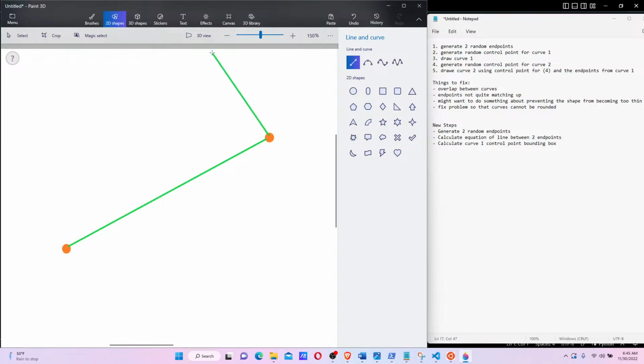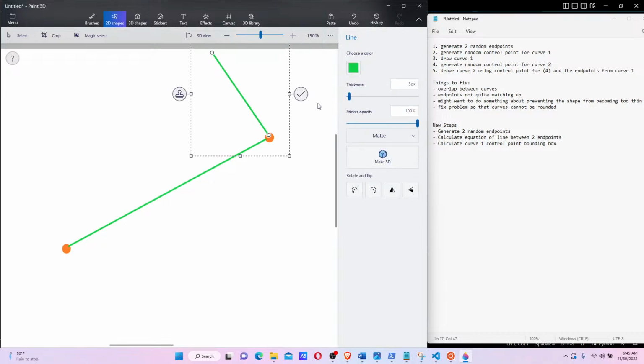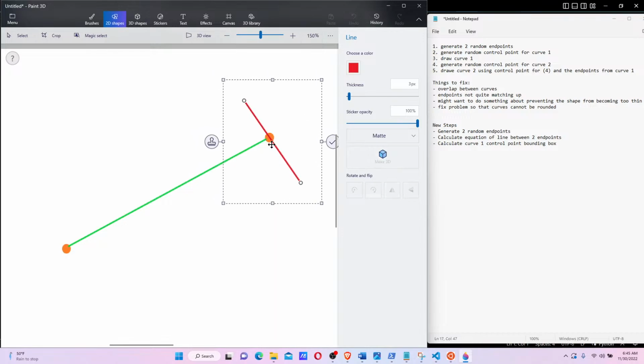So there's going to be some rules for the bounding box. We're going to have to play around with what the values are, but this is a good general approximation. So the bounding box for the first curve is going to be in red.